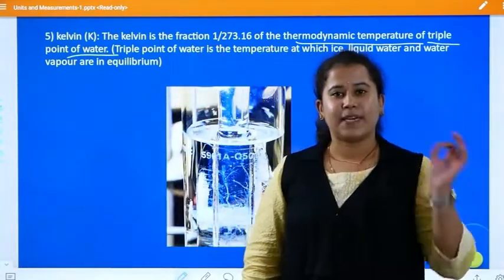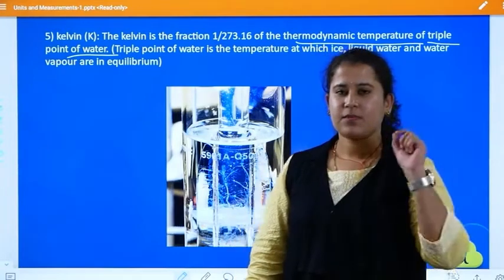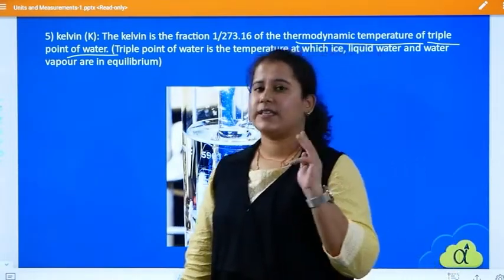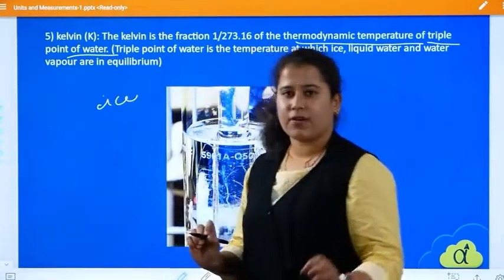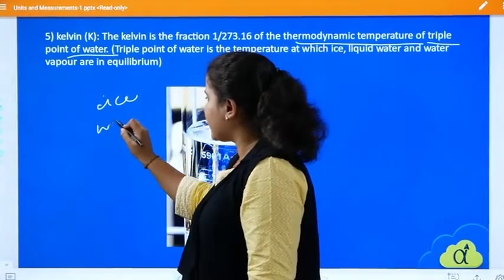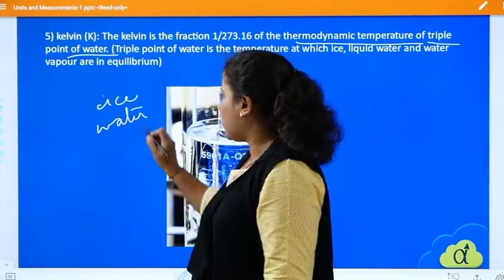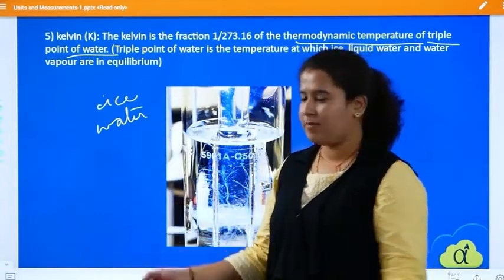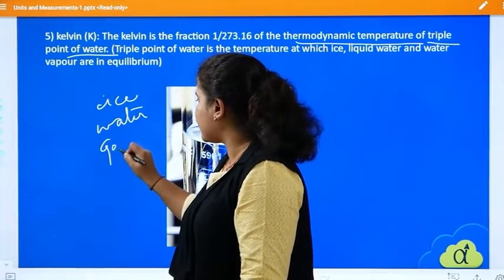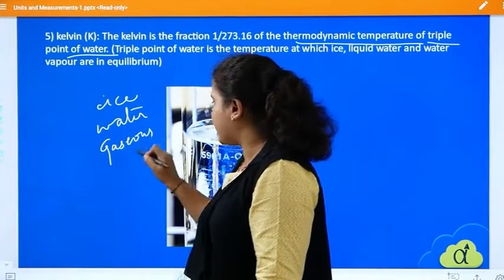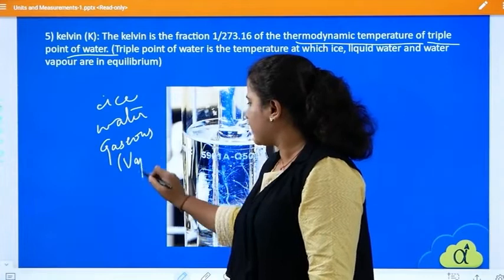What do you mean by triple point of water? Water has 3 states, right? One is ice, the other is water itself, or the liquid form, and the third is the gaseous form, or vapor form.